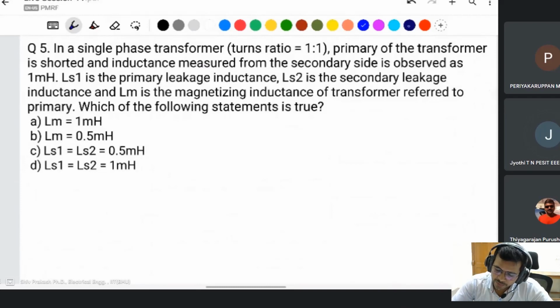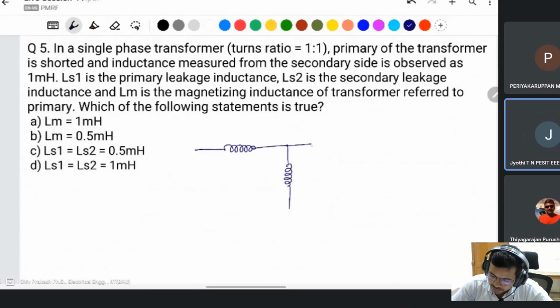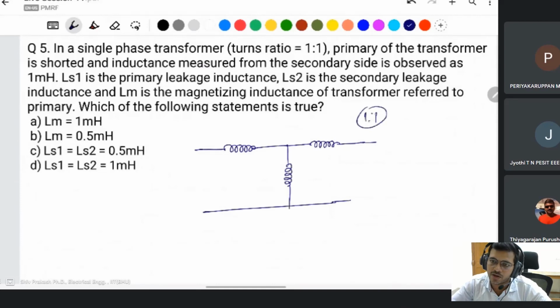The transformer's referred equivalent of inductance is denoted like that. This is the 1:1 ratio. Then the inductance of the secondary, if transferred to the primary, will be the same because the turn ratio is the same. This is LS1, this is LS2.